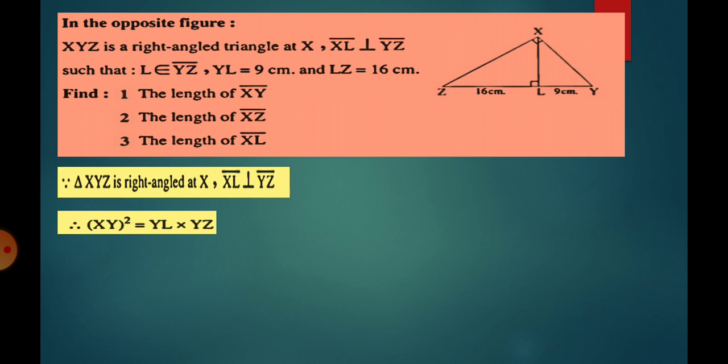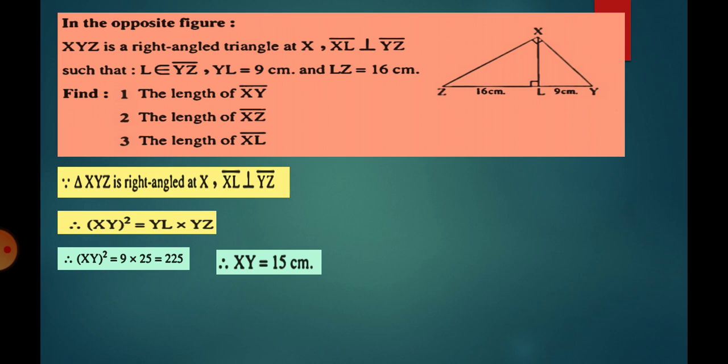Catch Y. Here YL equals 9, YZ equals 9 plus 16 equals 25. Then XY power 2 equals 9 times 25 equals 225. Then we can find XY equals the square root of 225, which equals 15.